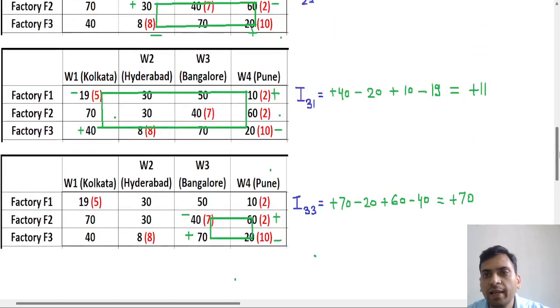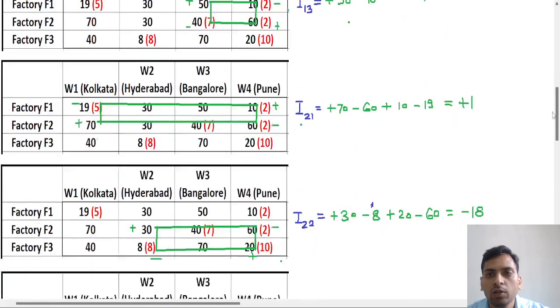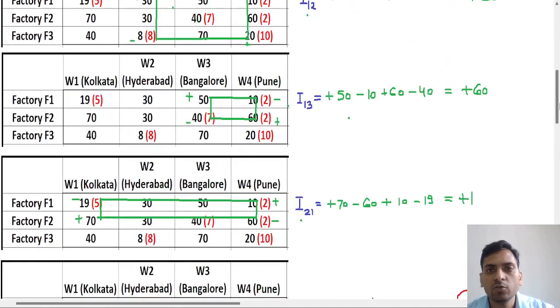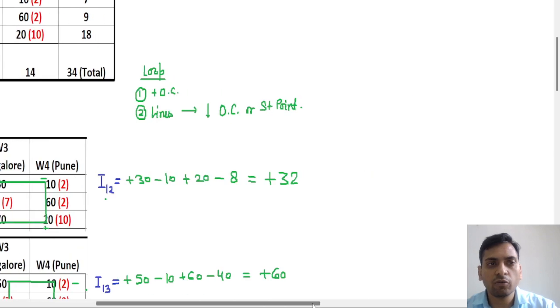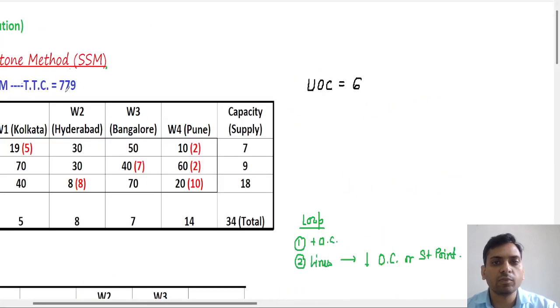So you will see we will have different incremental cost. So in all these incremental costs we have one negative value. So if we have all positive values, all positive incremental cost, then the solution of WAM is 779. This one. We cannot reduce the cost further than this.